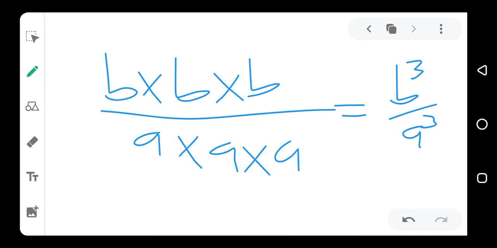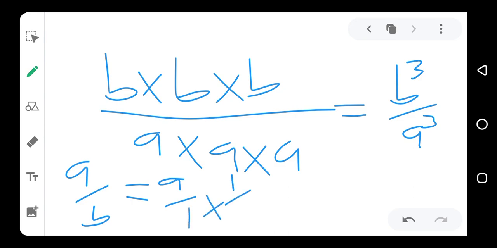Note that anytime you see something like a over b, it is the same thing as writing a over 1 times 1 over b.